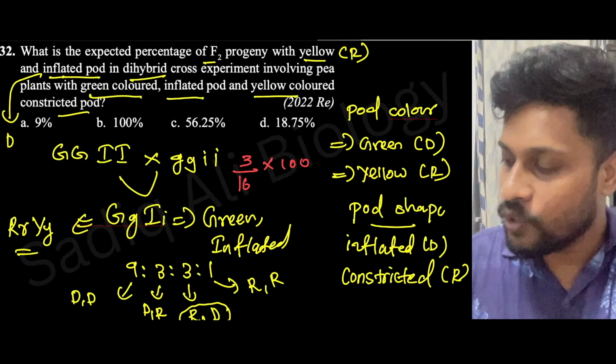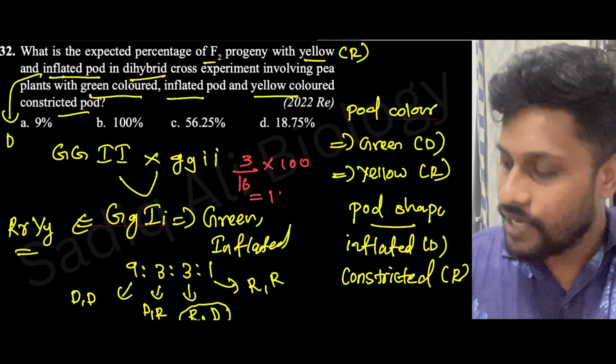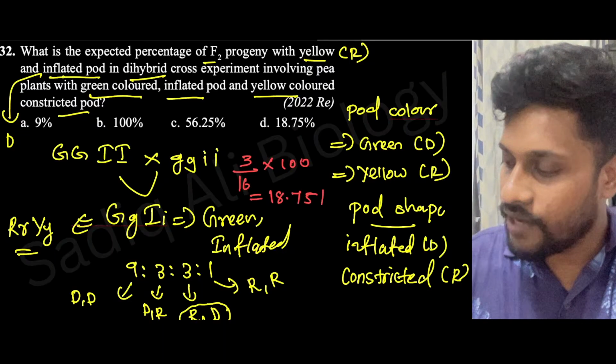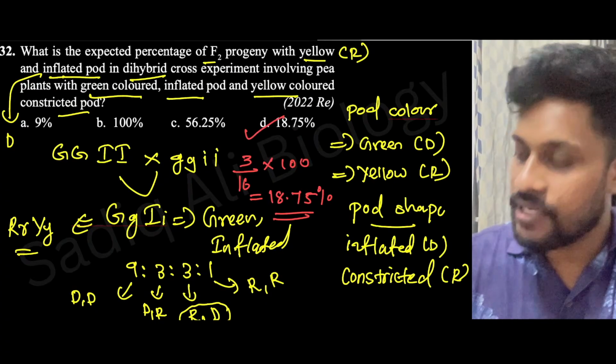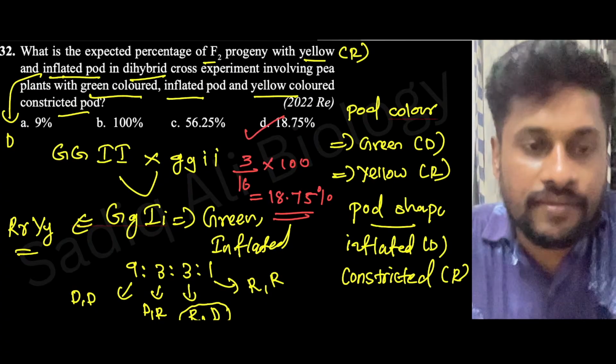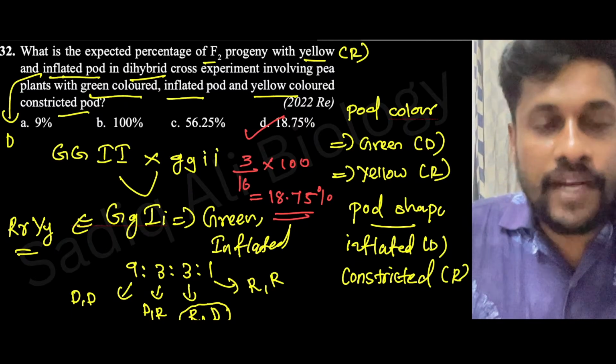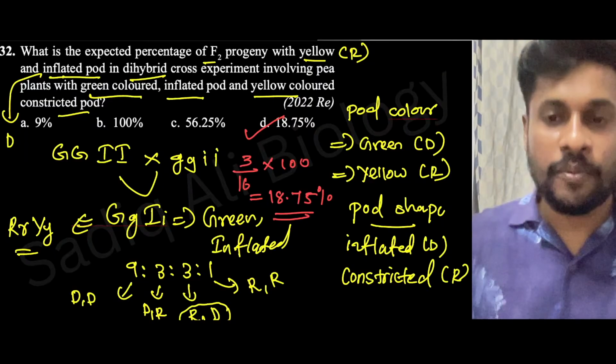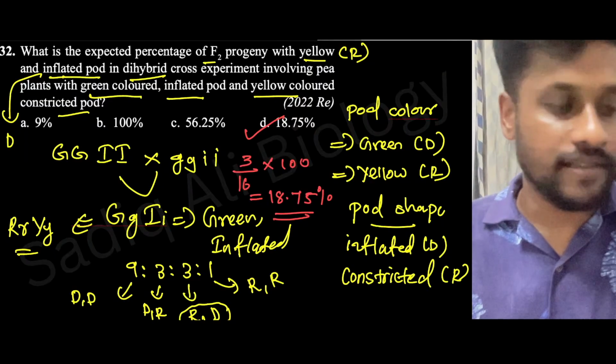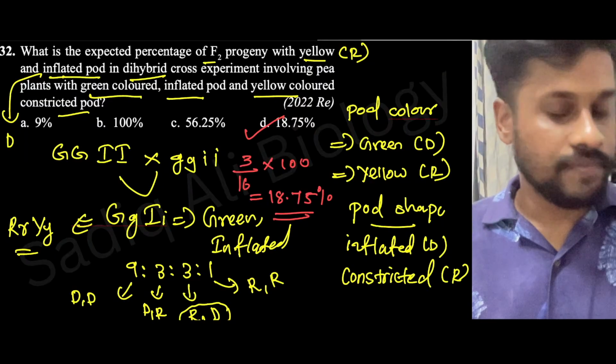What will be the answer, guys? 18.75 percent. Option D. Is it clear? Now, after some time, you can directly answer it. Once you become an expert, you can directly answer it, right? Yes.